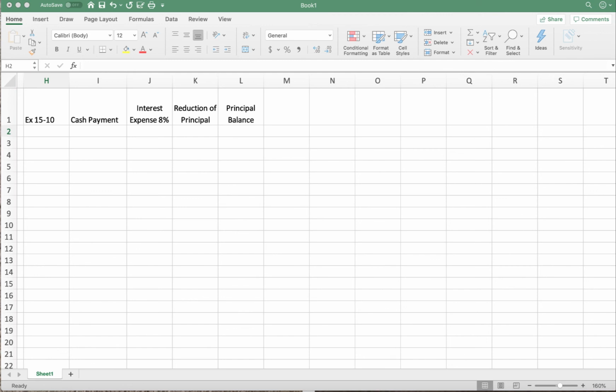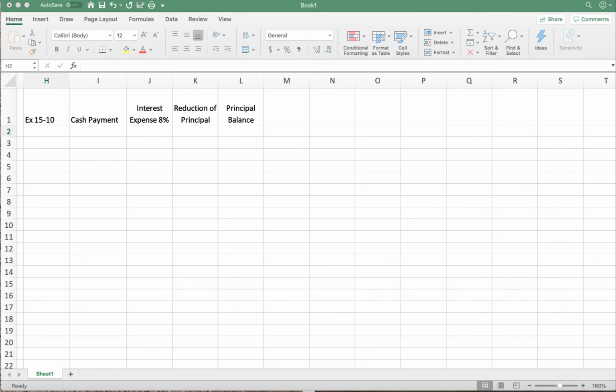What this exercise is looking to do is handle long-term notes payable. They tell us that the drilling company borrowed $300,000 on January 1st, 2017 by issuing a $300,000 8% mortgage notes payable.